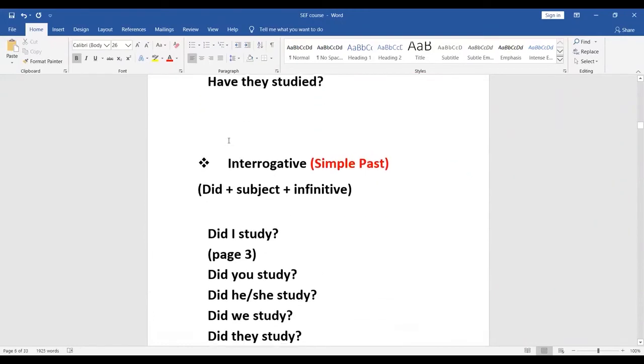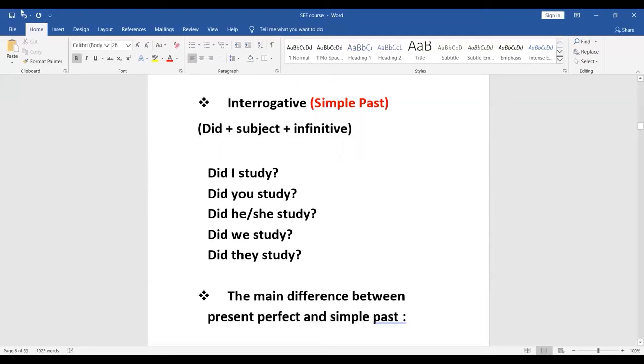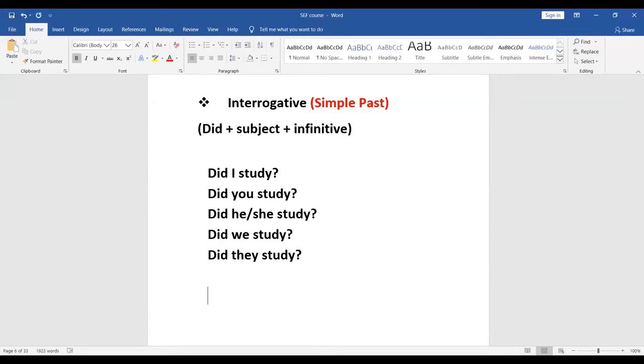So, a few looks at the examples of the simple past in the interrogative form. The formula is did, plus the subject, plus the word given to you in the infinitive form. Okay, I've adjusted that. So, did I study in Cambridge?